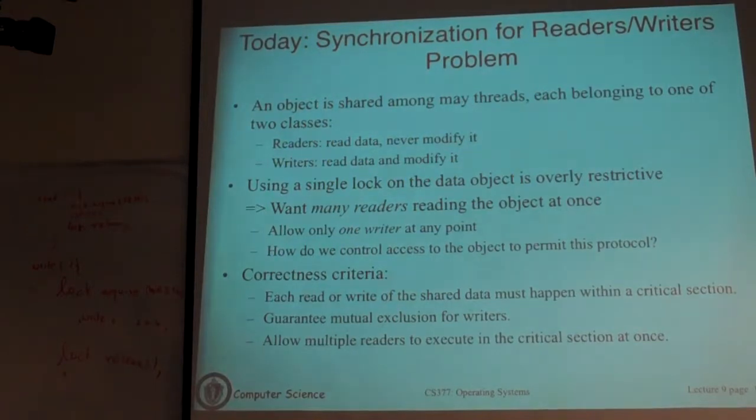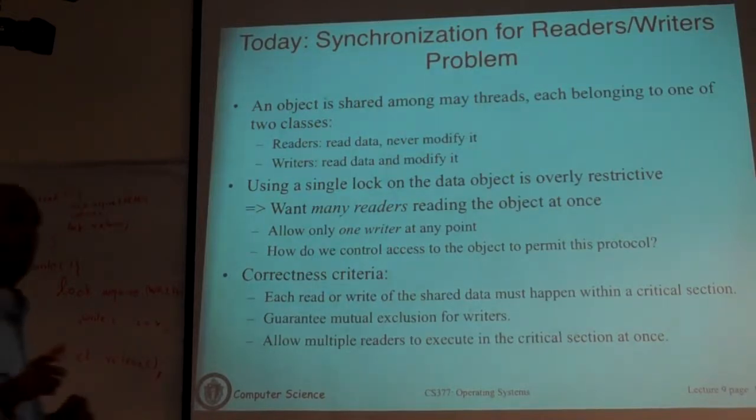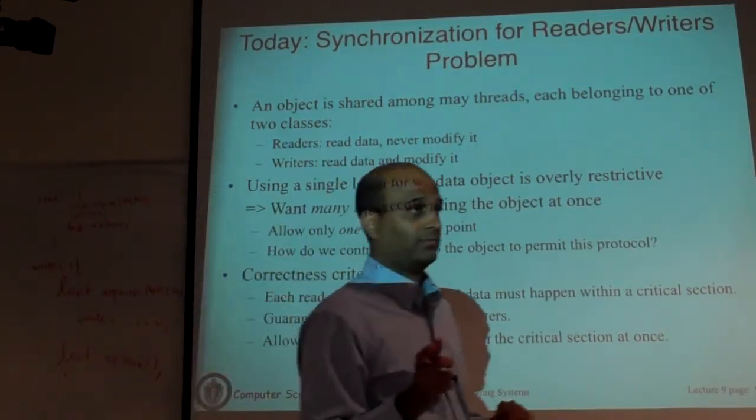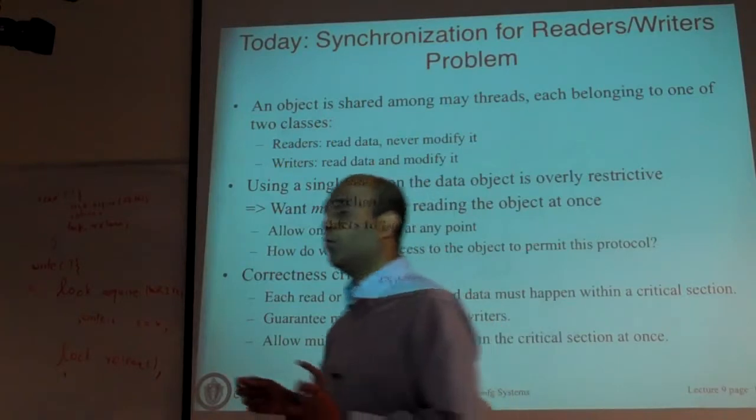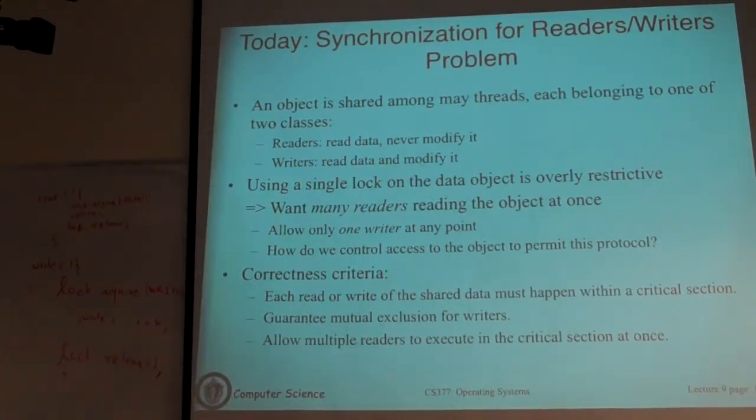What read-write locks do is, when you acquire a lock, you have to say whether you're acquiring the lock in read mode or write mode. If you try to acquire a lock in read mode, it allows multiple threads to acquire the lock, all in read mode. But if you acquire a lock in write mode, only one thread can acquire the lock at all.